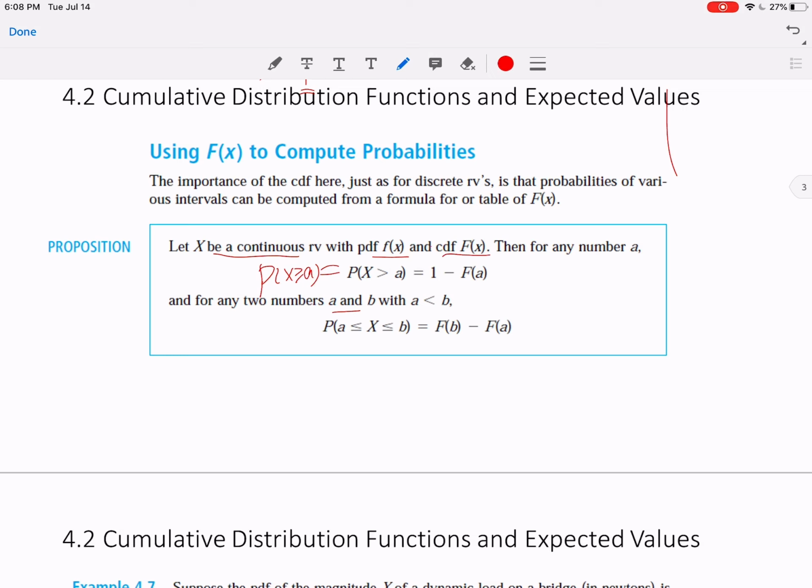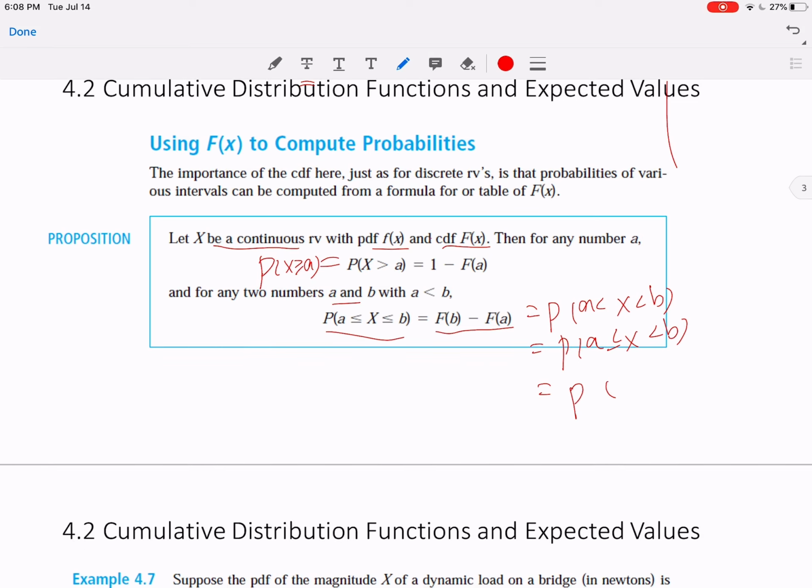Of course, I think I explained this in the lecture video 3.2, so I won't do that again over here. The idea is very similar, and if you forget why those two are equal, you can check out that video. We know that this would be equal to the probability x is greater than a, less than b, which is equal to the probability x is greater than or equal to a, less than b, and is equal to the probability that x is greater than a, less than or equal to b.